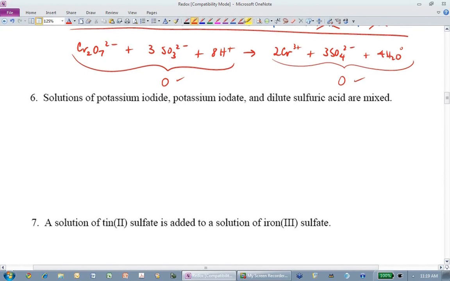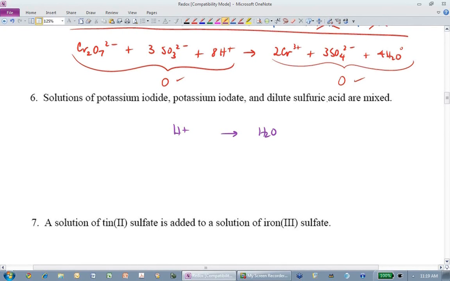All right, so let's look at this one. Solutions of potassium iodide, potassium iodate, and dilute sulfuric acid are mixed. Ooh, very interesting. So what do we have going on? Well, we got the sulfuric acid, so we know we have H plus going to H2O. What we don't know is whether the SO4 part is going to participate in this.